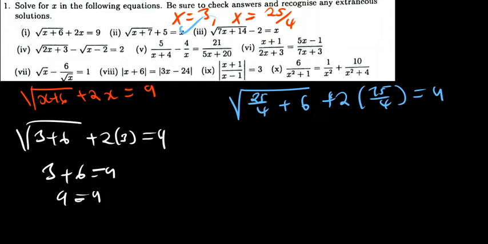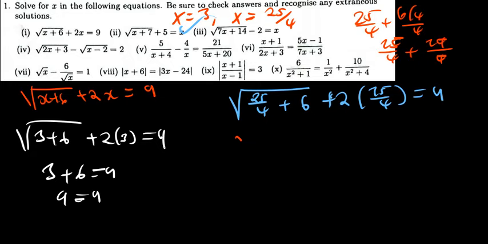I've got 25 over 4 plus 6. It's the same as 6 times 4 divided by 4, because 4 divided by 4 is 1, so I will remain with 6 again. That would mean I've got 25 over 4 plus 24 over 4. So if I add those two, it's going to give me 49 over 4.